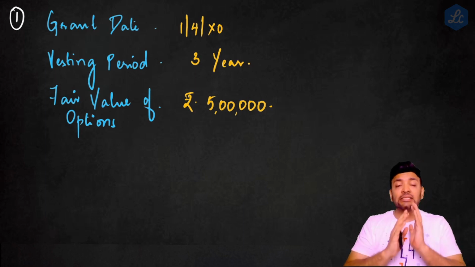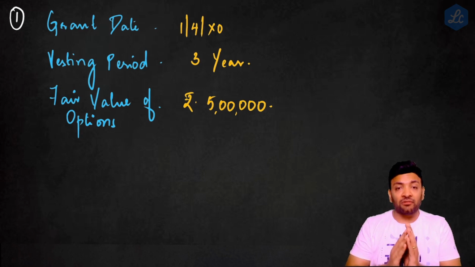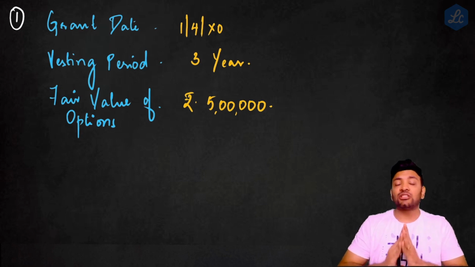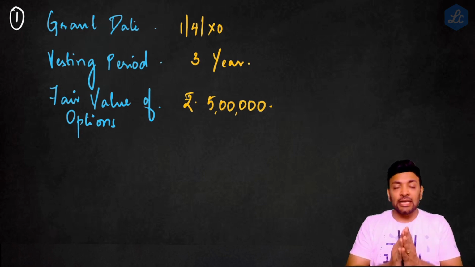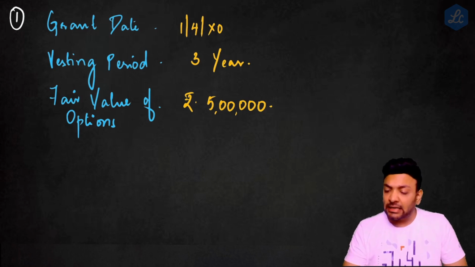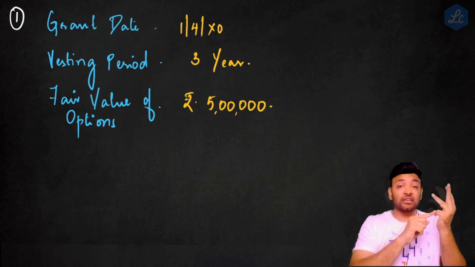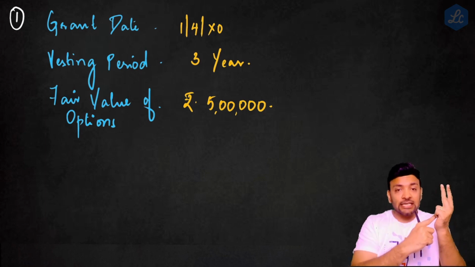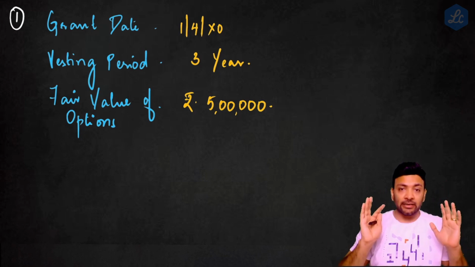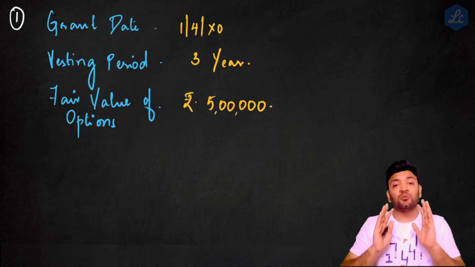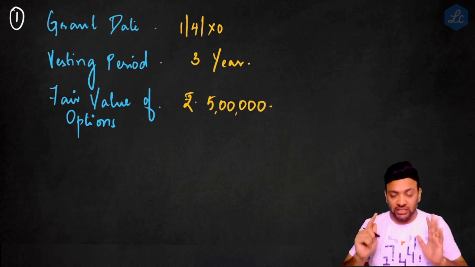Now, you look at this. This is a template for which I'll be solving the question. This template is common for all the questions. Please be very careful when you get the template right. Now, there are 3 balance sheet dates on which expenditure has to be recognized: 31st March 2011, 31st March 2012, 31st March 2013. These are my 3 years for which I'll have to recognize the provision.